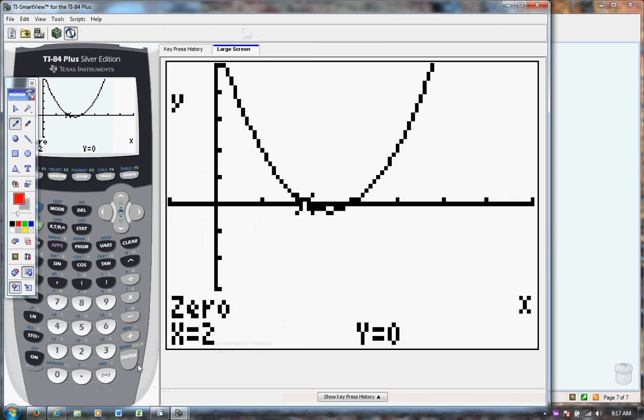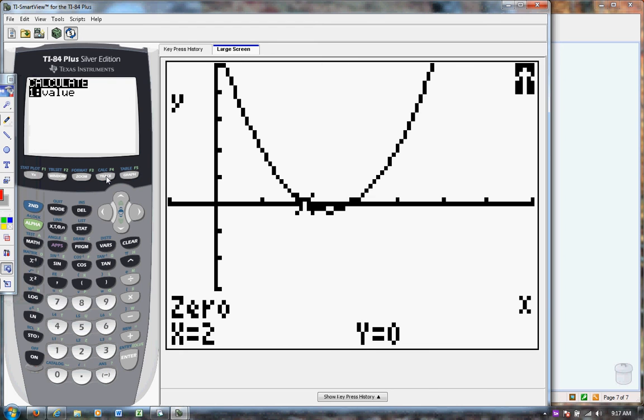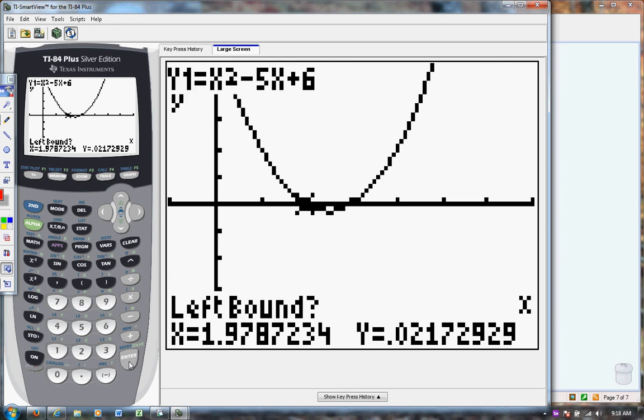Okay, it's the same process. Remember, you start by pressing second and then trace to get to this menu. Then you must select number 2, which is for 0. Okay, so come down to number 2, select it. And it always asks you for the left bound first. You just move your cursor until you are just a little bit to the left of it.